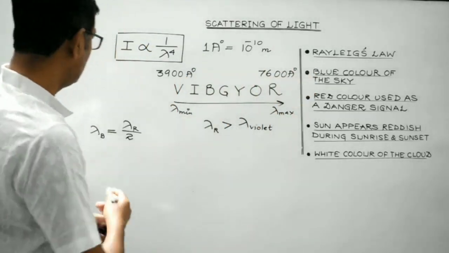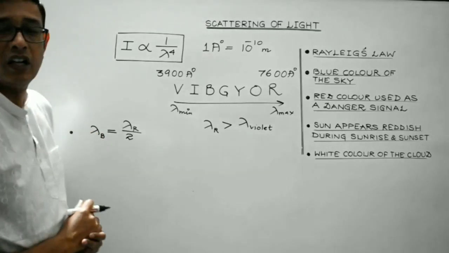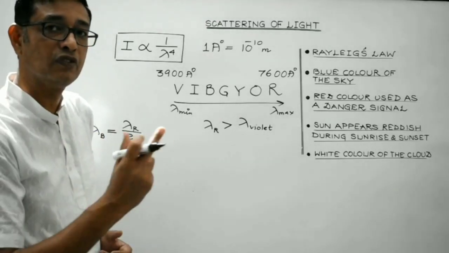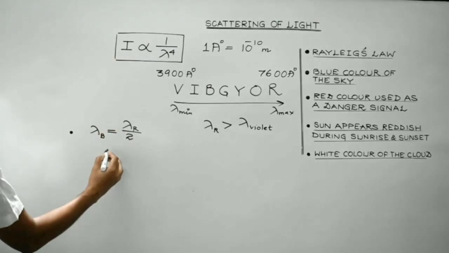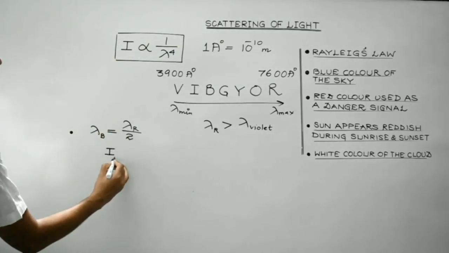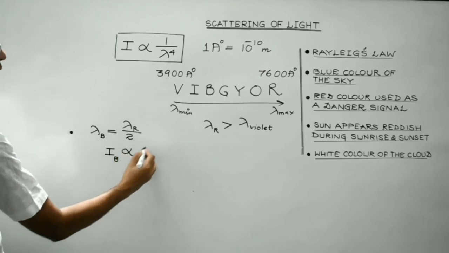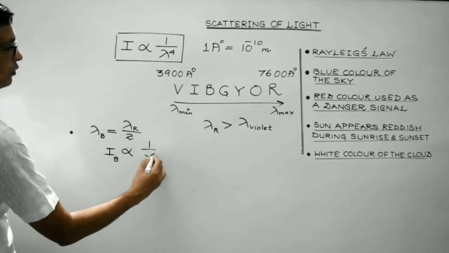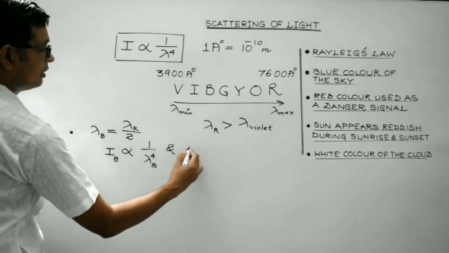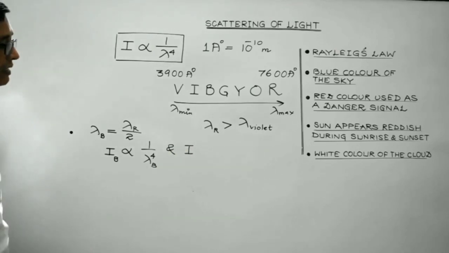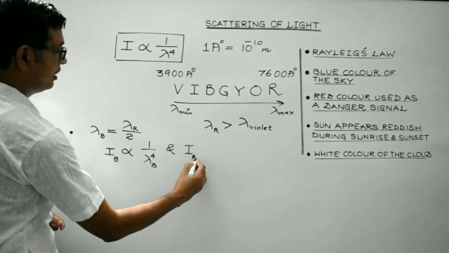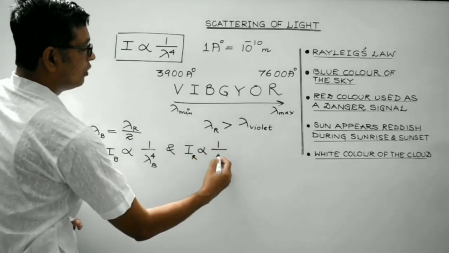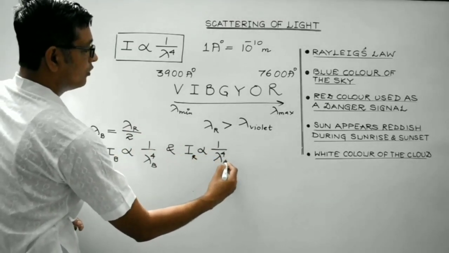And it is found that the wavelength of the blue color is half the wavelength of the red color. So make use of this over here. So what you do is, for blue color, the intensity of the scattered light will be proportional to 1 by lambda_B to the power 4, and the intensity of the scattered light corresponding to the red color will be proportional to 1 by lambda_R to the power 4.